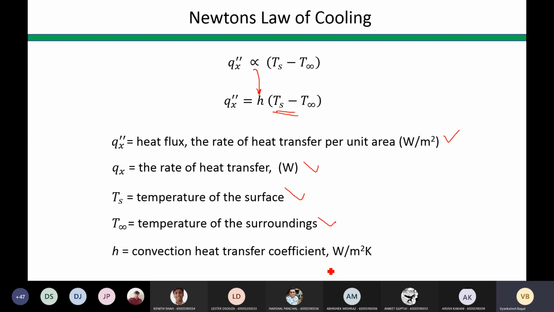Then T infinity is the temperature of the surroundings, same logic as that of the temperature of the surface. And h is the convection heat transfer coefficient. Unit will be watt per meter square K. So you just rewrite this formula as h is Qx double dot divided by Ts minus T infinity, put the units for these quantities, and you will get the unit as watt per meter square K for the heat transfer coefficient small h.